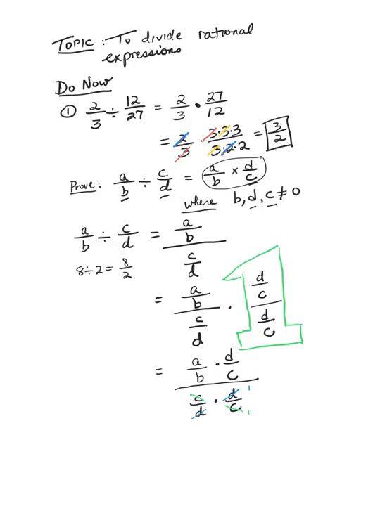And the product of a number and its reciprocal is always 1. So we're left with A over B times D over C all over 1 over 1, which is just 1. And any number divided by 1 is equal to itself. And that completes the proof.